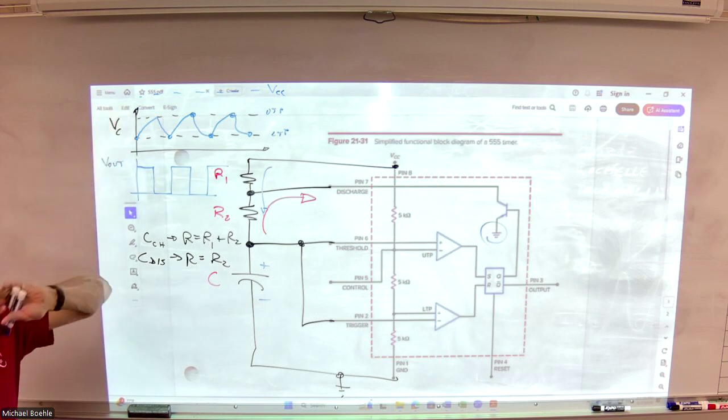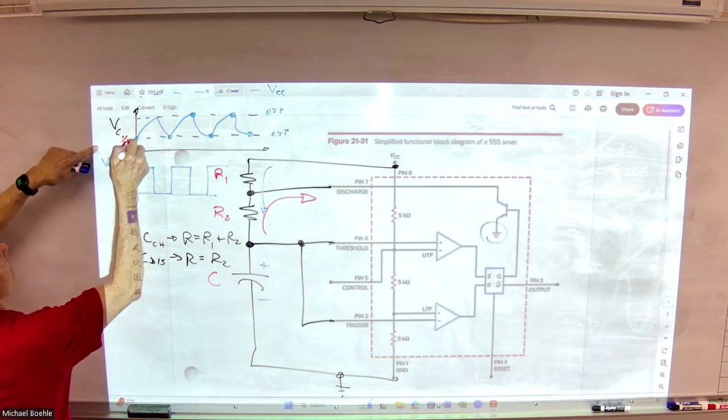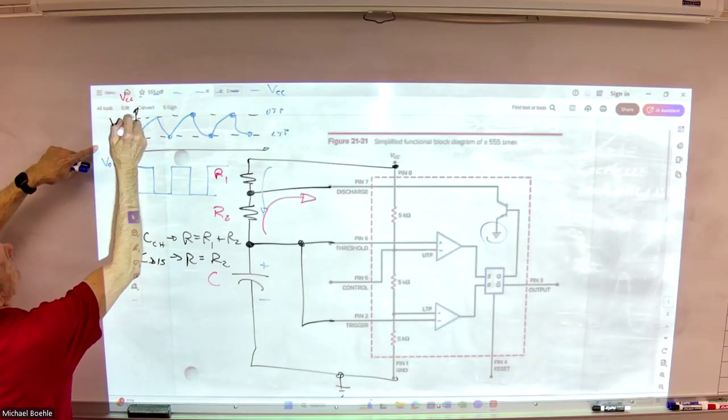So the fun part, and I think I went through this with the analysis of the relaxation oscillator that we covered back in our nonlinear op-amp circuits, where I put up the whole charging derivation. I'm not going to go through all that again because this one's a little simpler. I start from 1/3 VCC, and I'm charging up toward VCC, but I only get to 2/3 VCC.